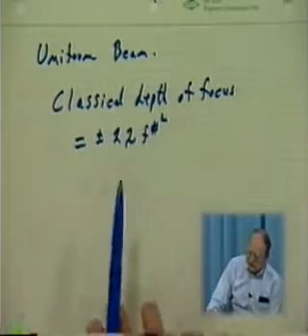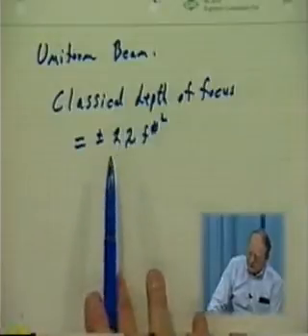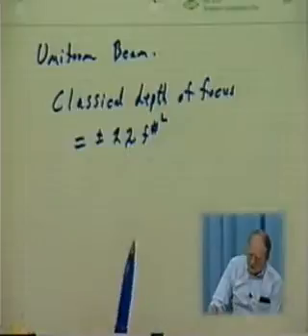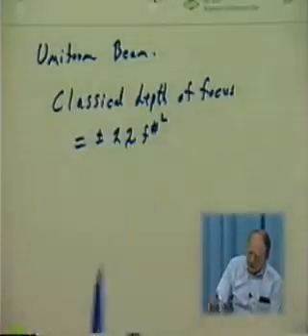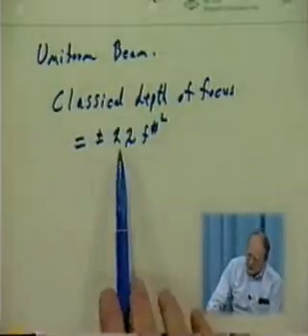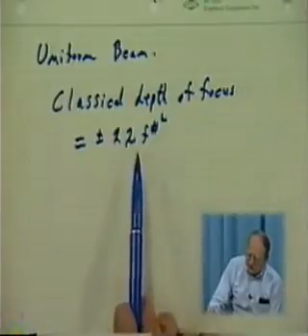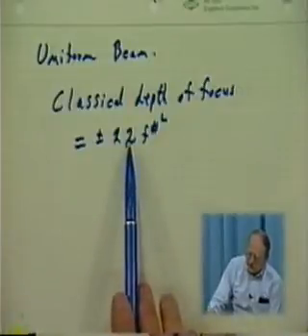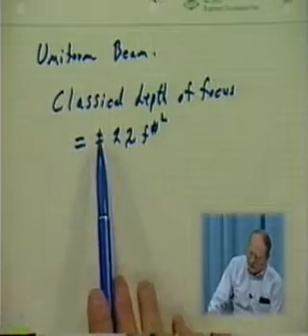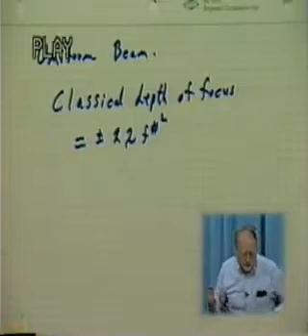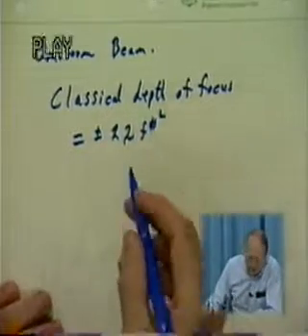And I think it also turns out to be where the defocus is equal to a quarter of a wavelength. So anyway, the classical depth of focus for your camera lens is plus or minus 2 lambda f number squared. And if the wavelength is half a micron, this would be like plus or minus the f number squared in microns. Okay, so that's the classical depth of focus.